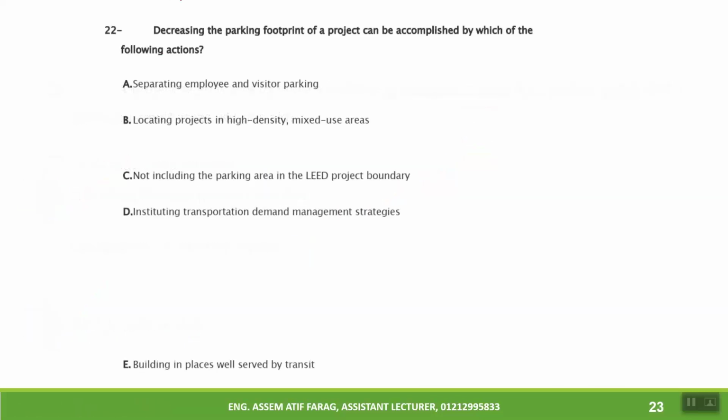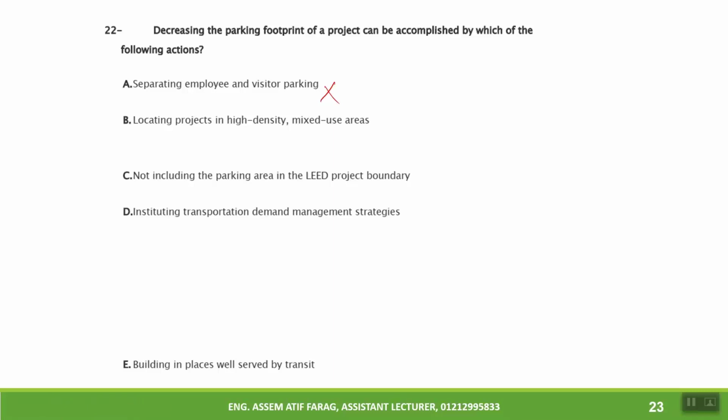For question number 22, decreasing the parking footprint of a project can be accomplished by which of the following actions? For option number A, separating employee and visitor parking. This action does not reduce parking, it only rearranges it, so this option is wrong. For option number B, locating projects in high-density mixed-use areas.